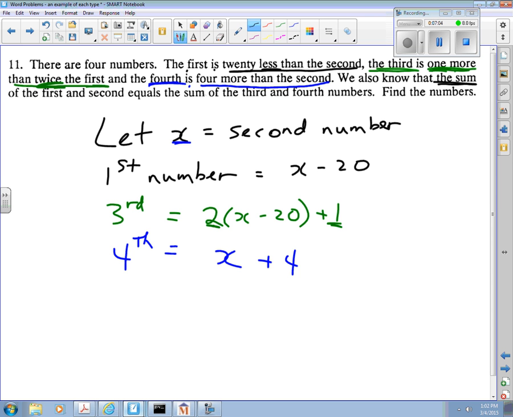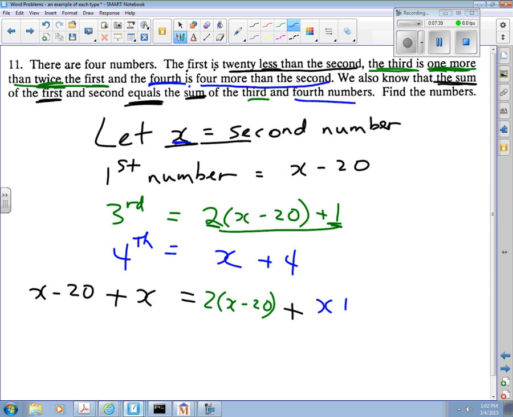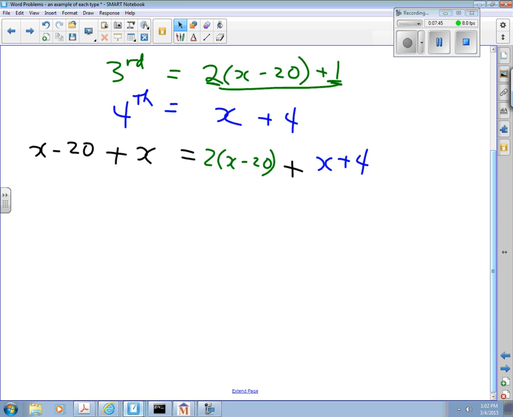The sum, that means I'm adding, of the first and the second, which is right here, x, equals the sum of the third one and the fourth one. And there's how you get one of these word equations where x ends up on both sides of the equal sign.